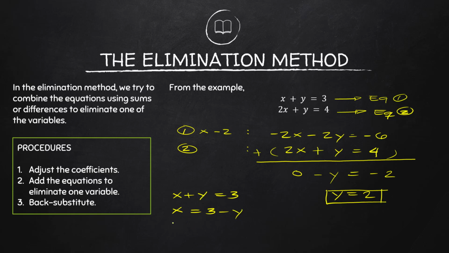This will be x is equal to 3 minus y, but y is equal to 2. 3 minus 2 is equal to 1, and we have the value of x. This is equal to positive 1. So that is how you solve for the solution of systems of linear equations using the elimination method.